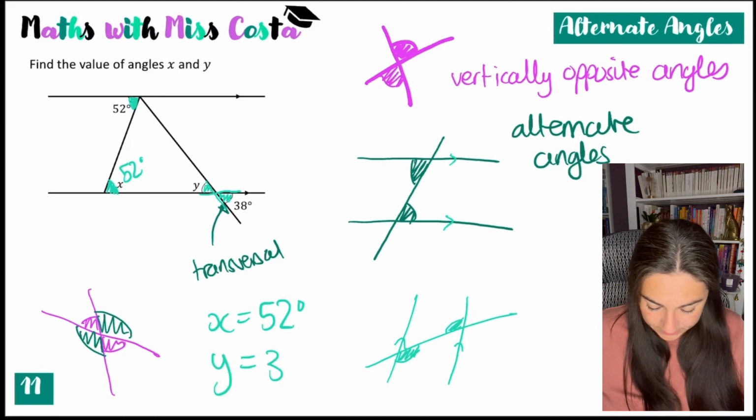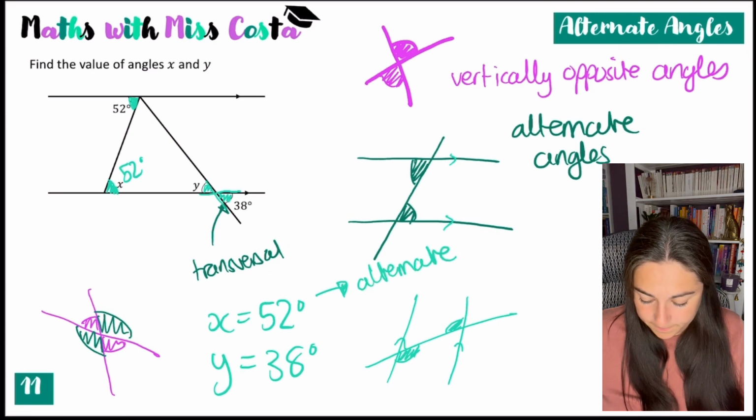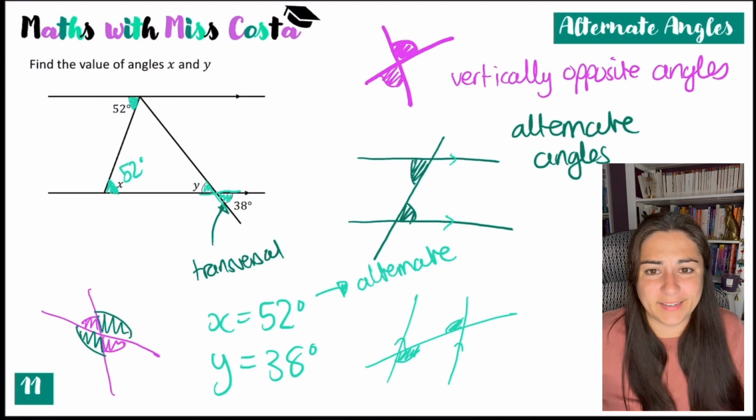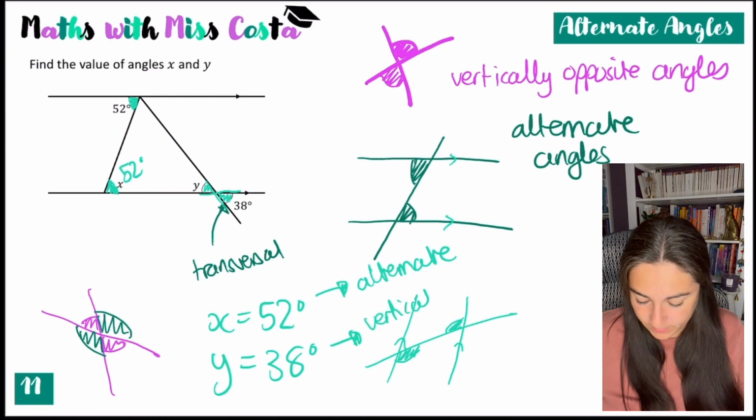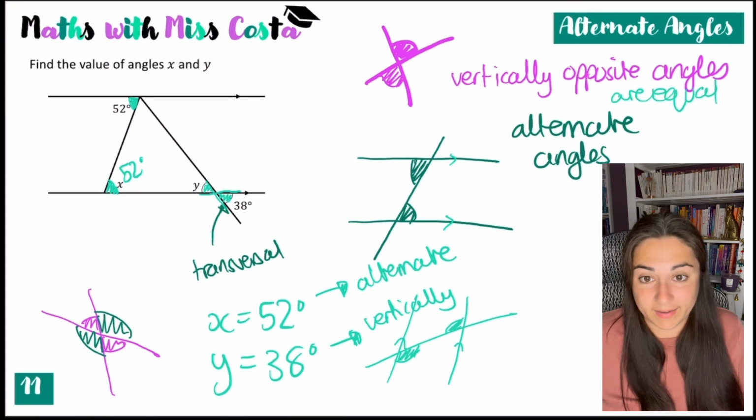So x is 52 and y is 38 degrees. And the reason for x is because alternate angles are equal. So if they say list your reasons, you need to list those. So alternate angles are equal. And for this one, it is vertically opposite. So vertically opposite angles are equal. Alternate angles are equal.